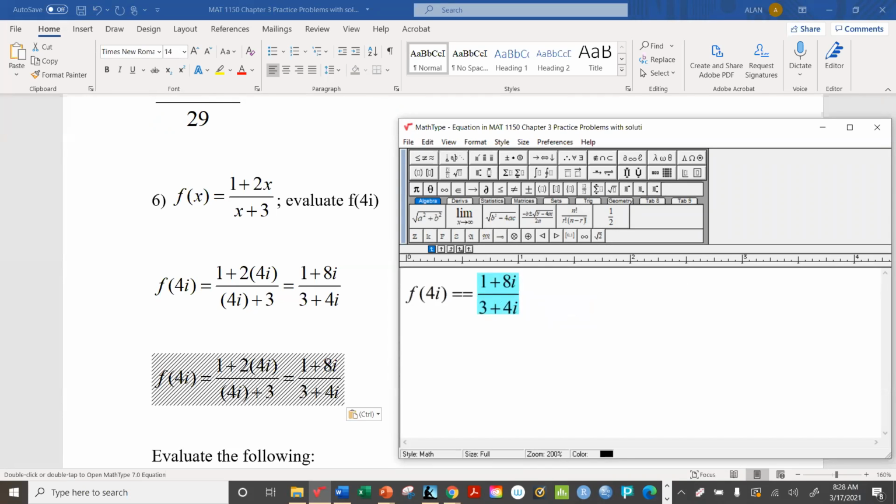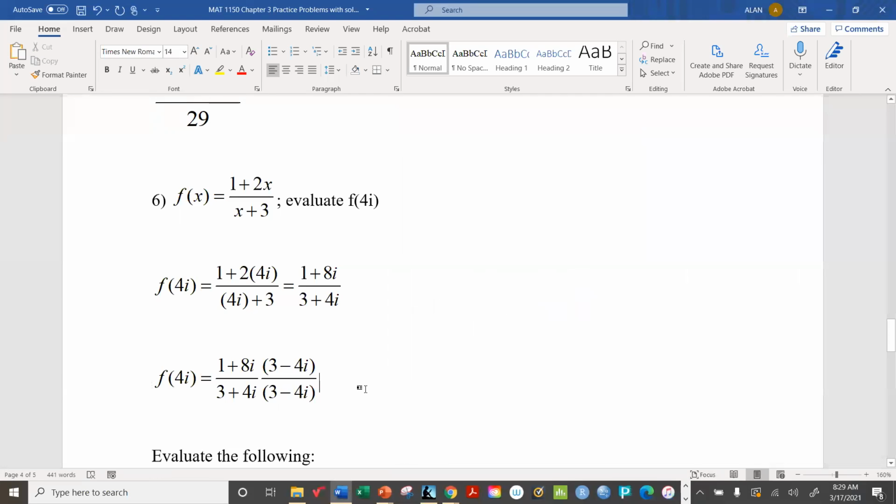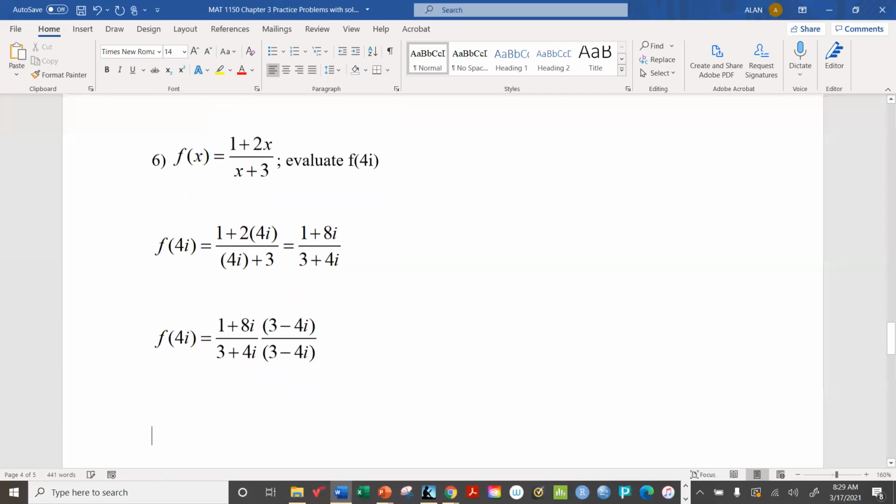So the complex conjugate of the denominator is equal to 3 minus 4i over 3 minus 4i. Okay. And once again, we would like to apply FOIL to both of them.